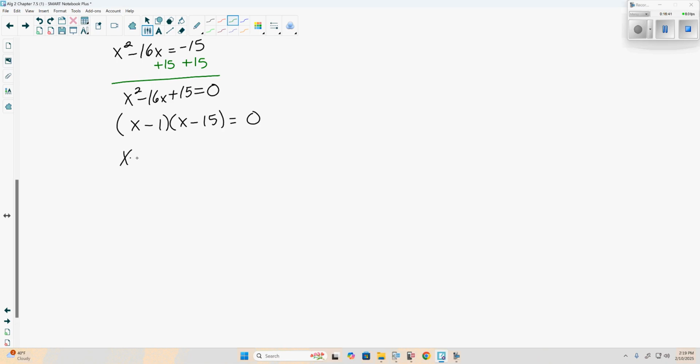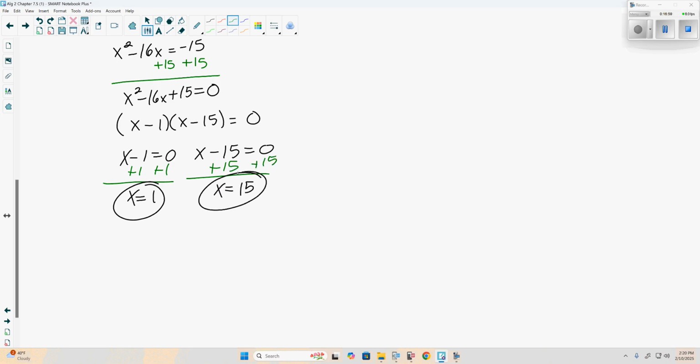Now that we have two things multiplied together to equal 0, one of these is going to be 0. And it tells us that x is 1, and x is 15, which we did find by graphing.